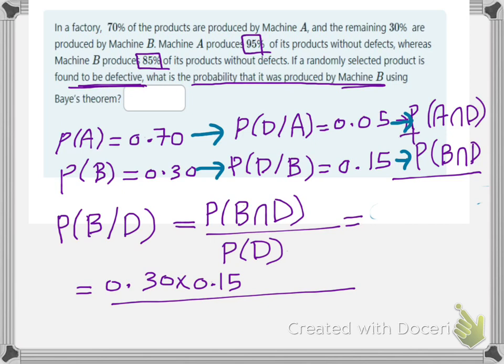What we have done here in the denominator is multiply 0.70 times 0.05, then multiply 0.30 times 0.15.